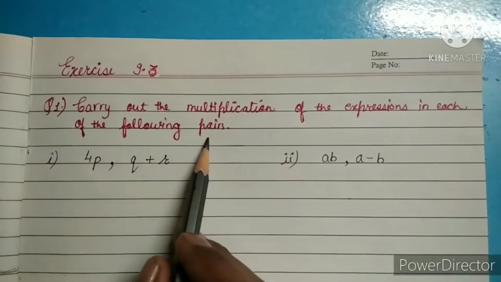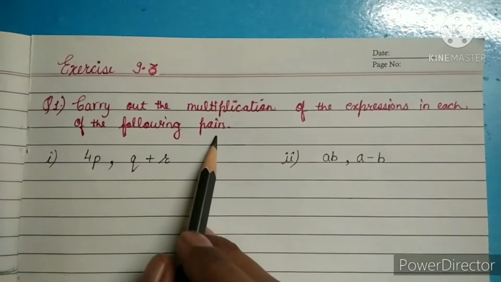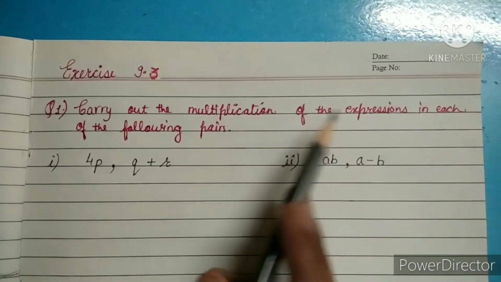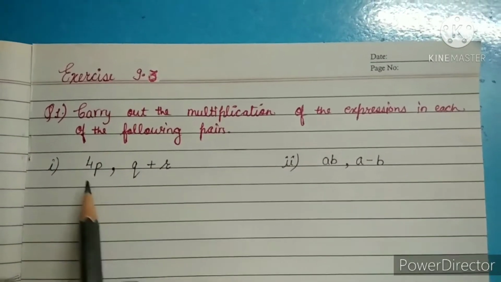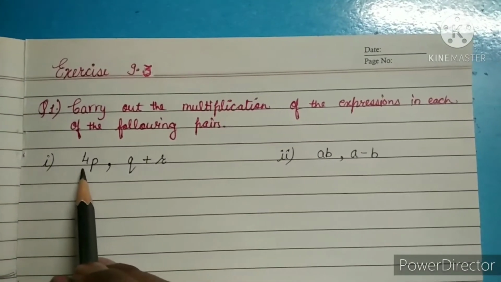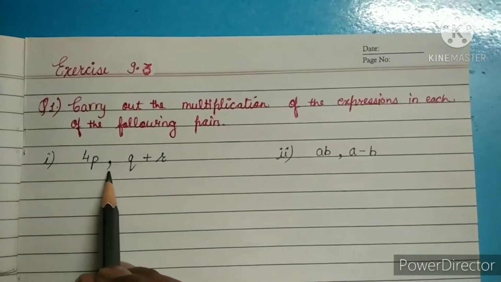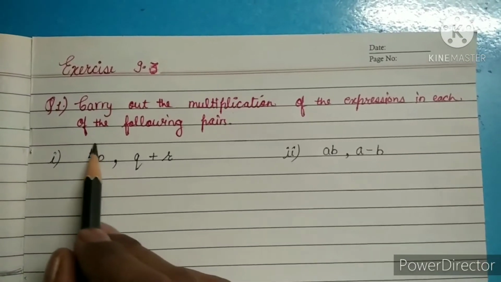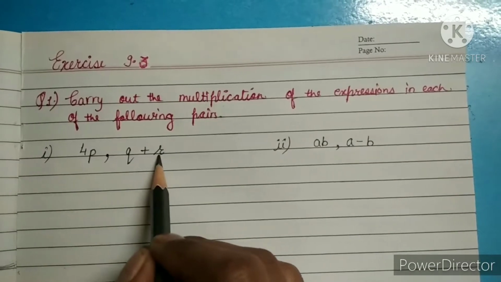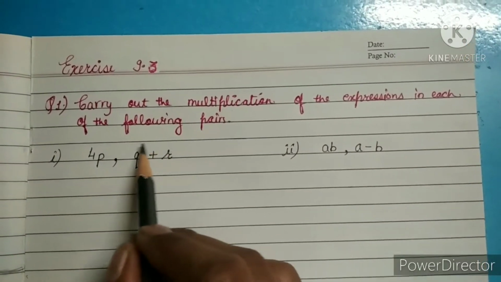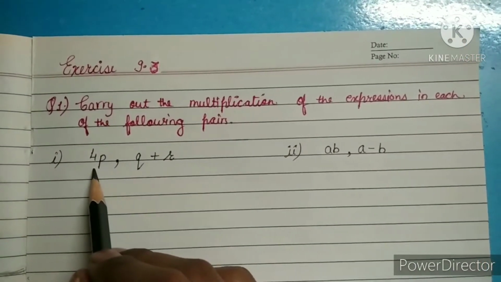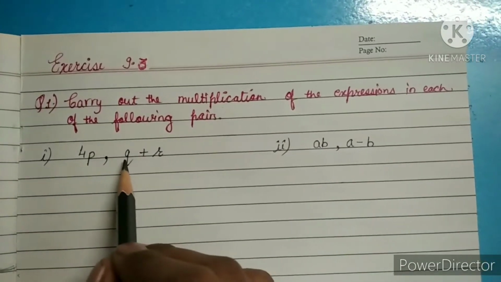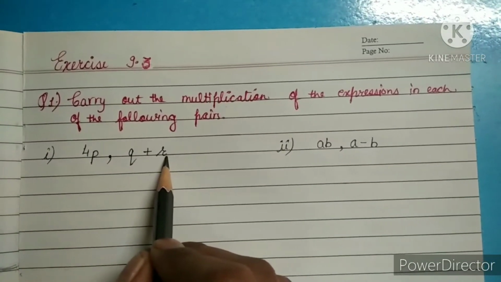So we have to multiply given pairs and take their multiplication expression. First is 4p comma q plus r. This is the first expression, q plus r is the second expression. We have to multiply 4p by q plus r.